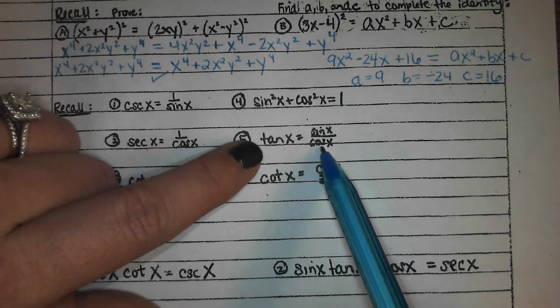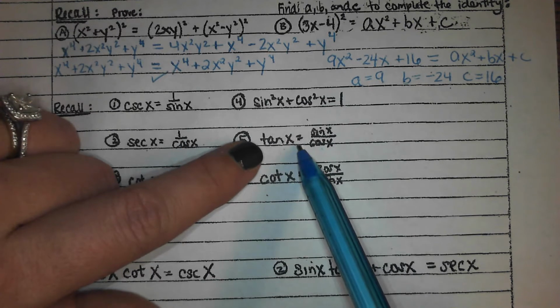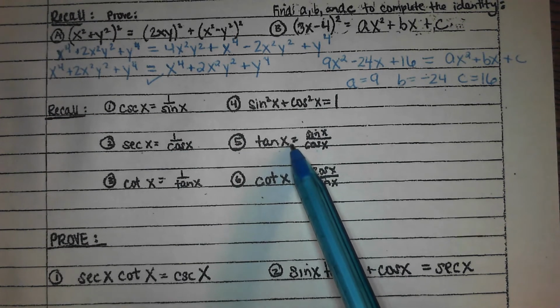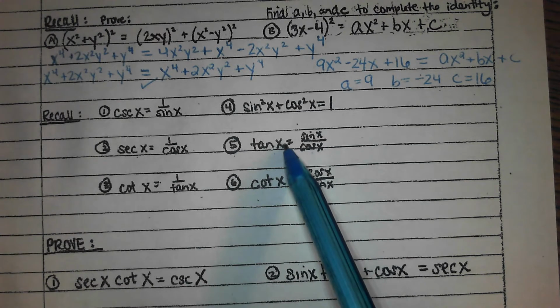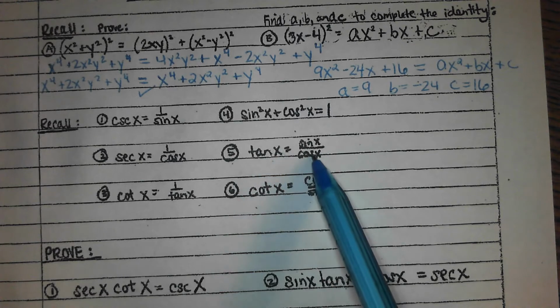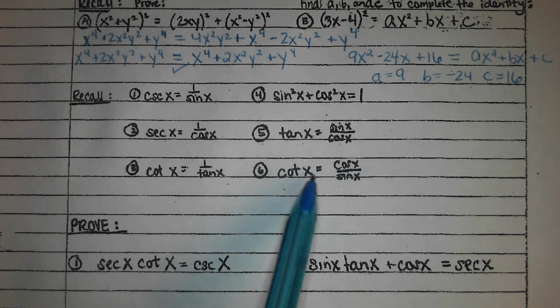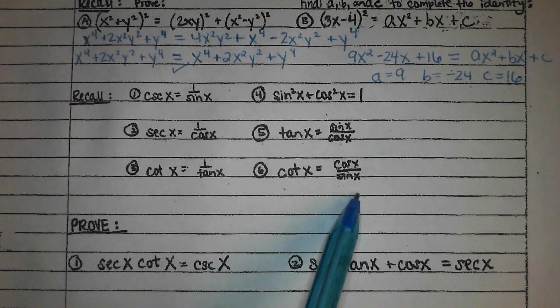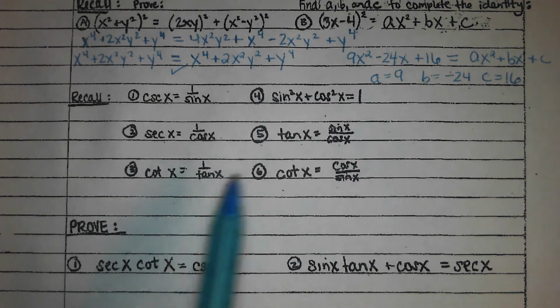I don't know if you remember that or not, but when I gave you the table the first day, I kind of showed you that it would take a while to do out, so it's not how you're memorizing your tangent values. But if you took the sine of 30 and divided it by the cosine of 30, it will give you the tangent of 30. As tangent is sine divided by cosine. Therefore, cotangent is cosine divided by sine. So that covers 1, 2, 3, 5, and 6.